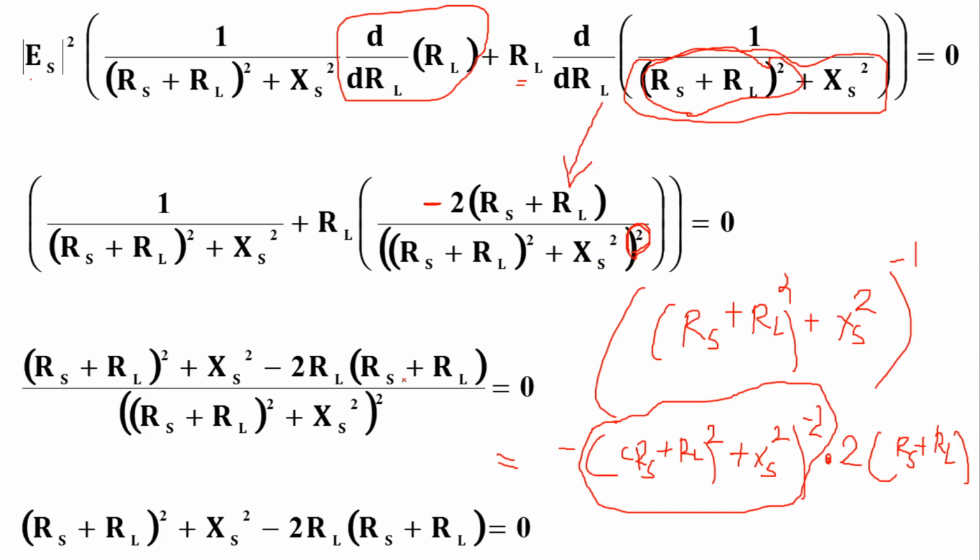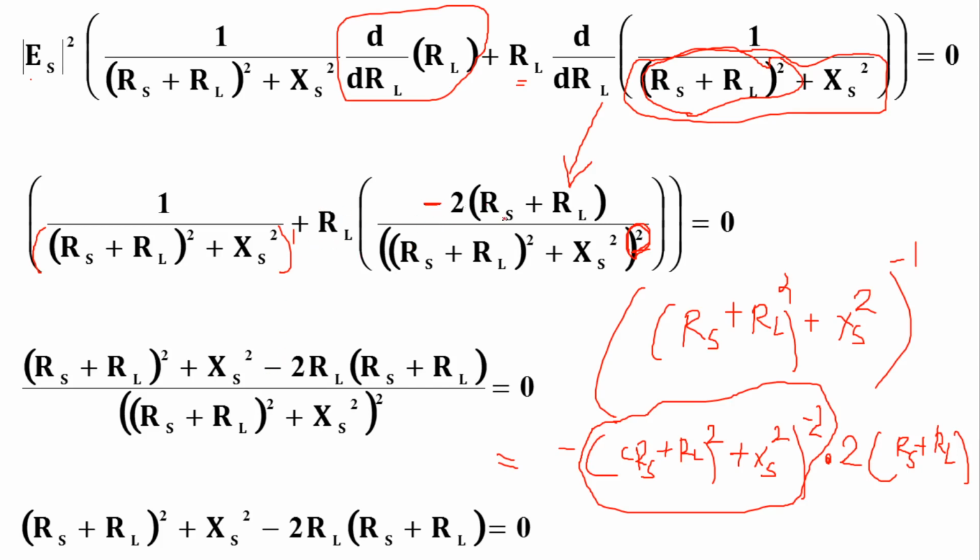Now I will take RS plus RL whole square plus XS square whole square as LCM. Over here you can see there is a power 1, and over here there is a power 2, so I will take the square as LCM. So I have to multiply this 1 with RS plus RL whole square plus XS square as it is, minus, this plus minus becomes minus.